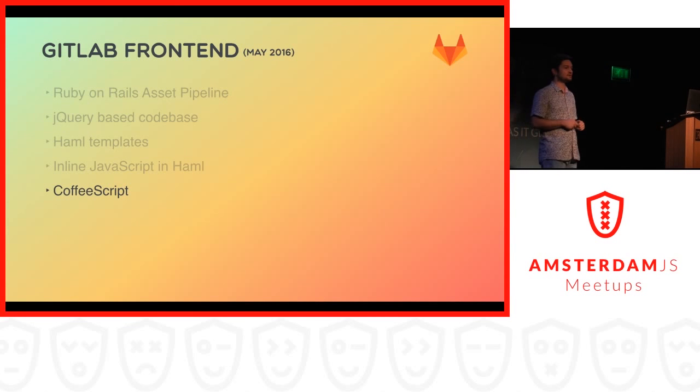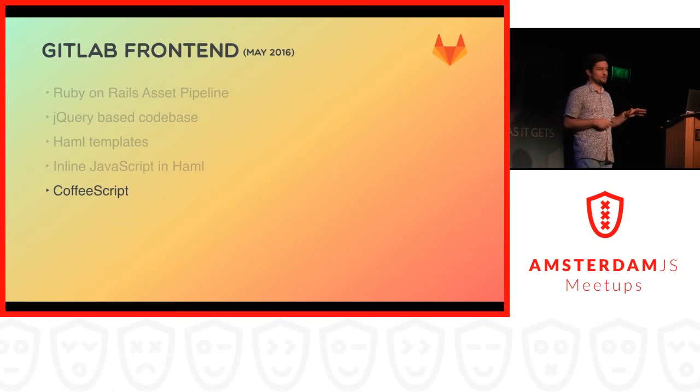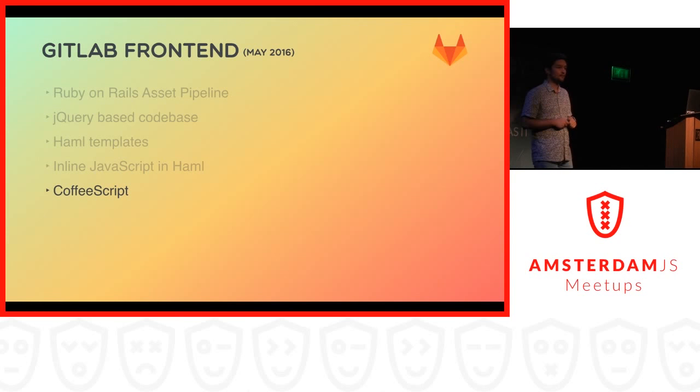The reason is GitLab is an open source project, so everyone can contribute, but it was really hard for contributors to contribute with CoffeeScript code. And then we saw a lot more contributions when we switched to JavaScript or ES6.